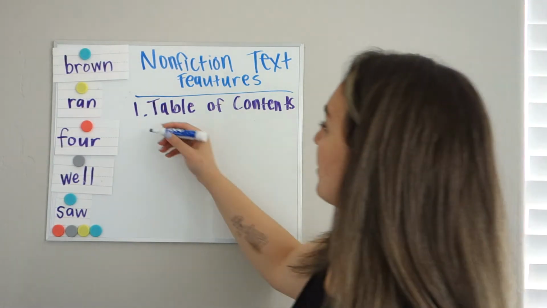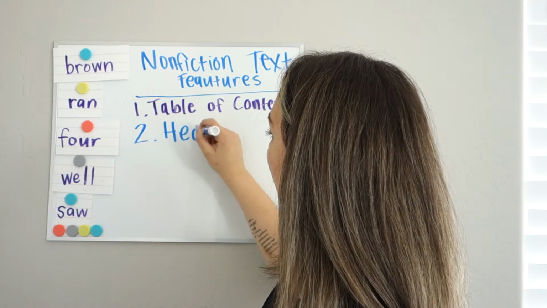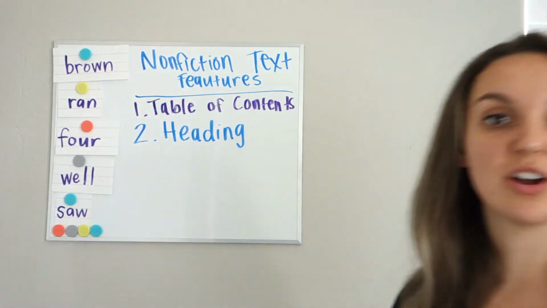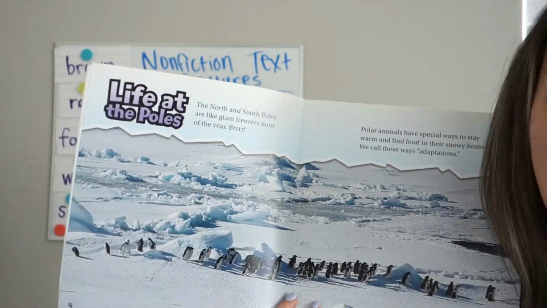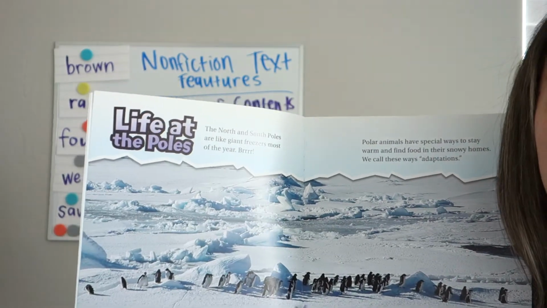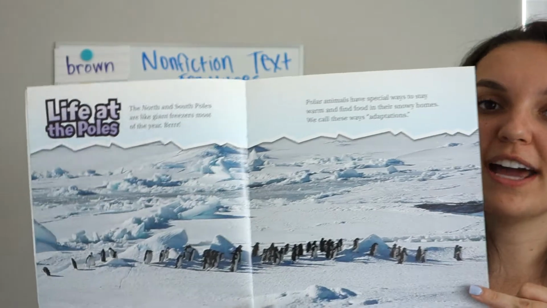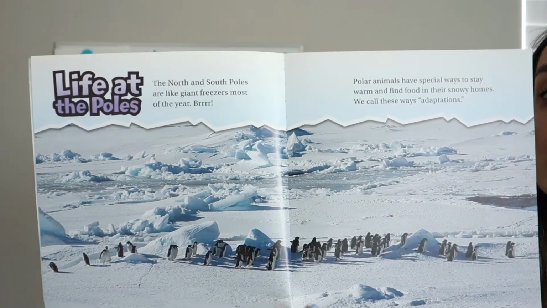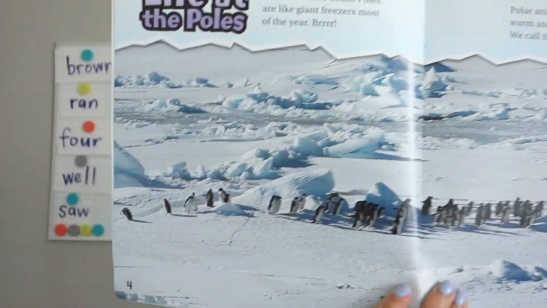So under number 2, write down heading, like that. And you can draw a picture of a heading. You can draw a picture of this page right here with the heading on the top, with it being really, really big and bolded. Okay, after you drew a picture for heading, I want you to look here and try to find the second text feature on this page.